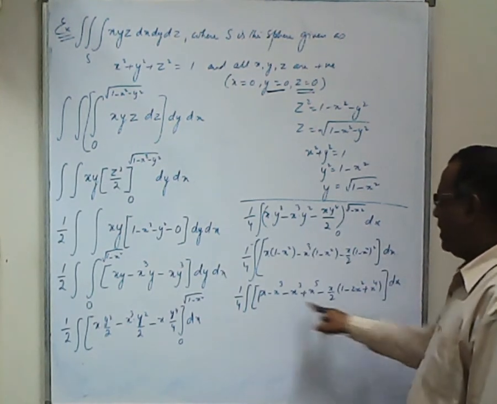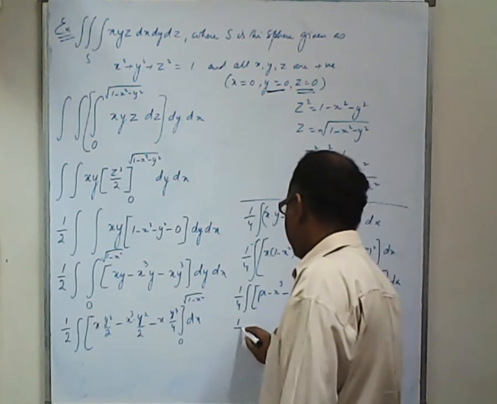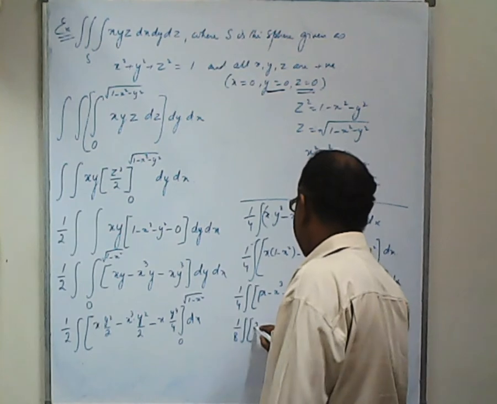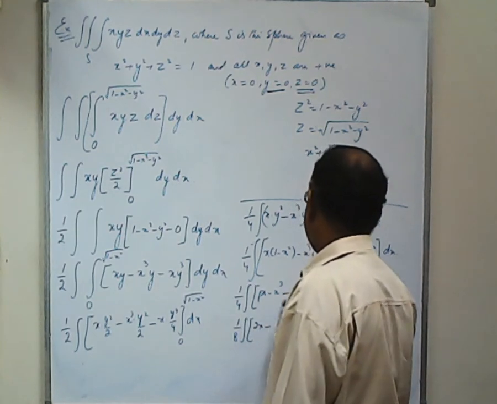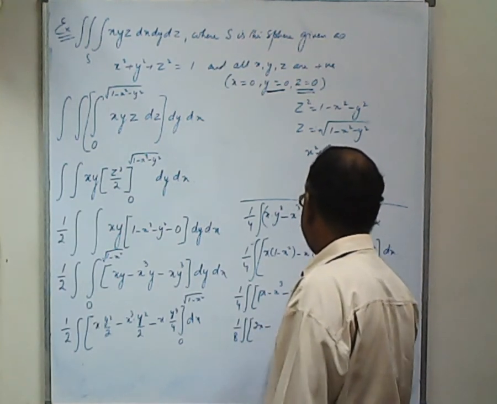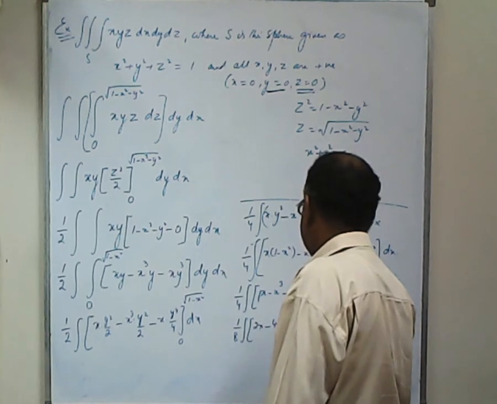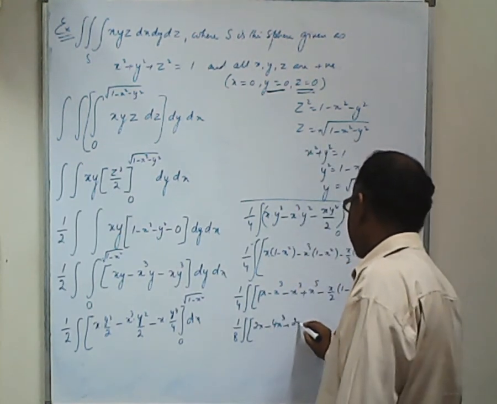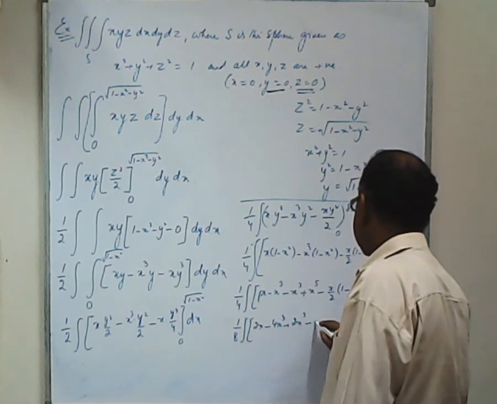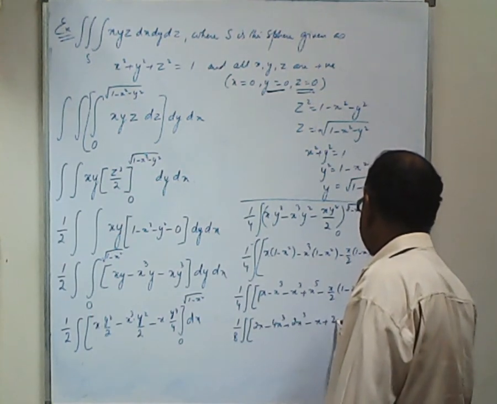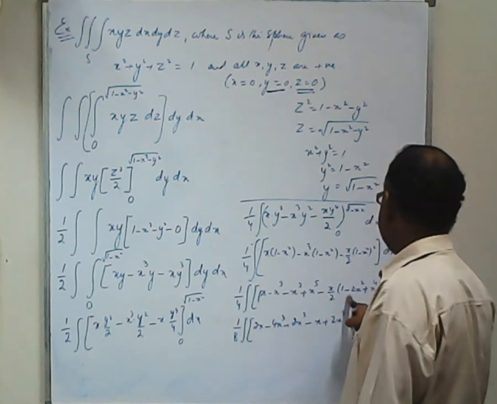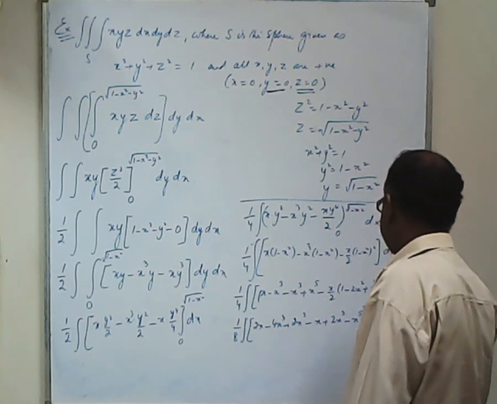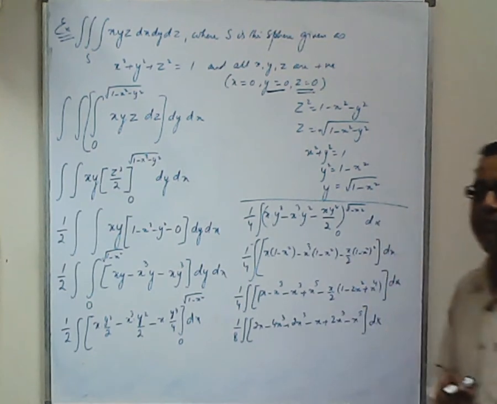So if I take 2 common outside, it will be 1 by 8, then integral, this 2 will be multiplied by 2x minus 2x square minus 2x cube minus 2x cube, because the same, this is 2x power 5, and then minus x plus 2x cube plus 2x cube and minus x power 5 dx.